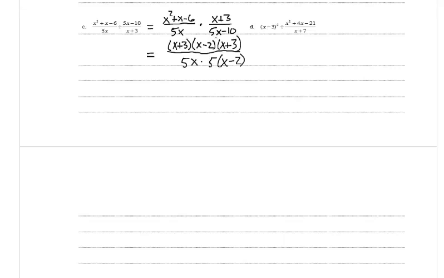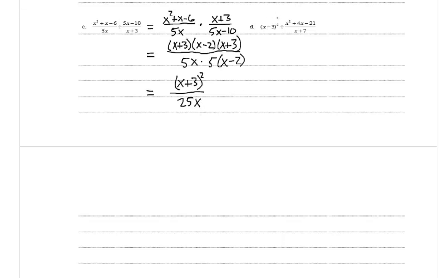And now you can see that we have a factor of x minus 2 in the numerator and the denominator, and those will cancel. And we're left with x plus 3 squared in the numerator divided by, we have 5x times 5 left in the denominator, or 25x.